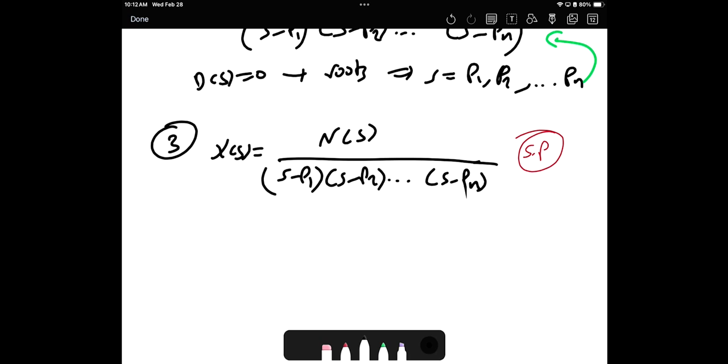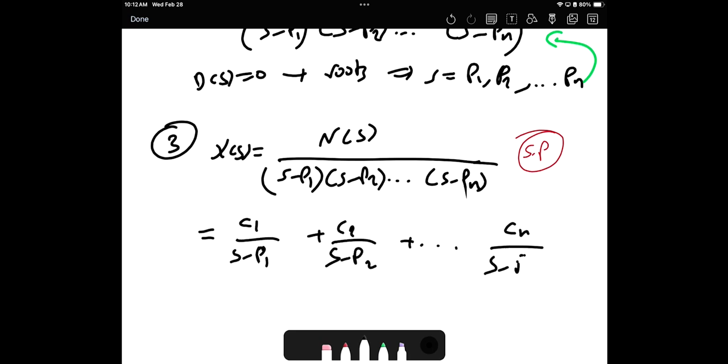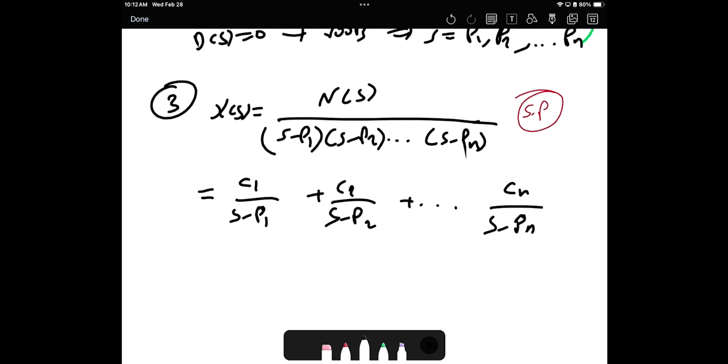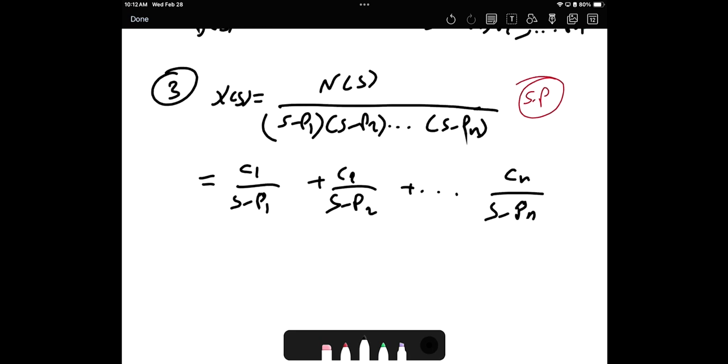Partial fraction expansion says we will convert this to c1 over s minus p1 plus c2 over s minus p2, etc., until cn over s minus pn. Instead of a product, it will be a sum of each term alone. This method is called partial fraction expansion. Then we know what p is, because it's the roots of the denominator.